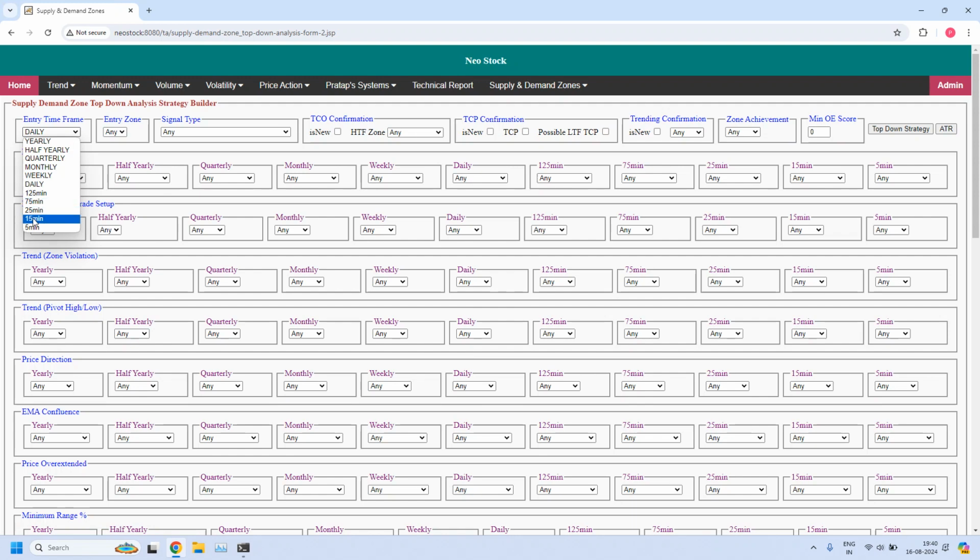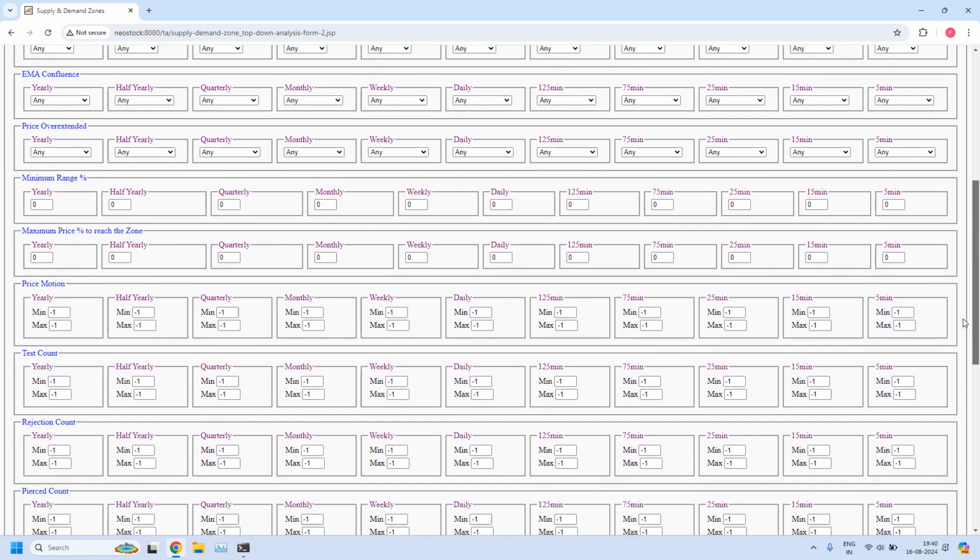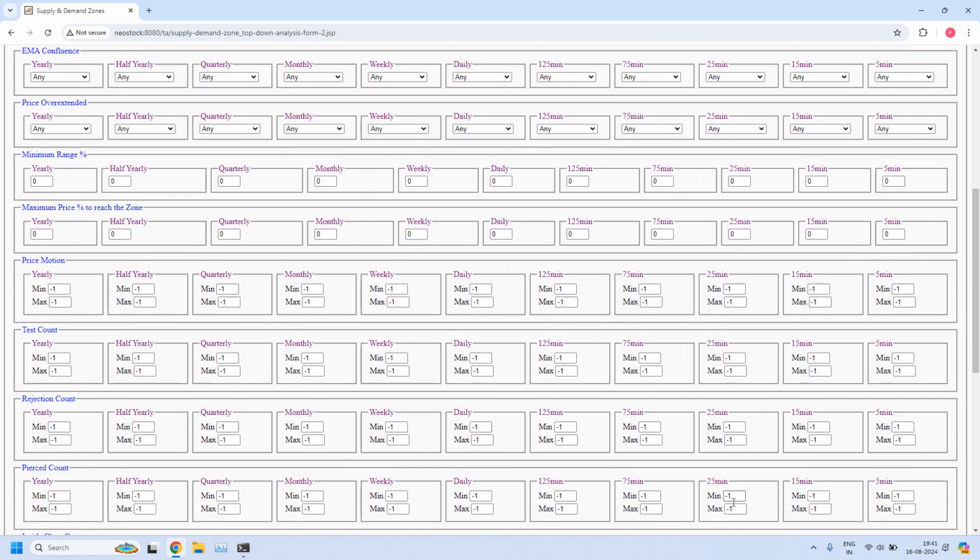So daily income trade entry time frame is 15 minutes. Bearish trade setup entry zone is supply zone, and also in bullish or bearish trade setup at 15 minutes entry time frame, I am selecting the value bearish. This 15 minute supply zone should not be pierced. So in pierced count in 15 minutes time frame, I am selecting minimum value 0, maximum value 0.